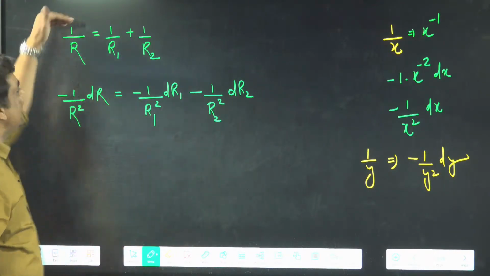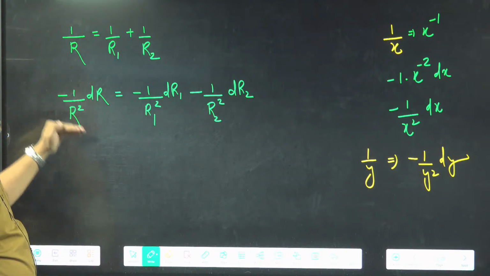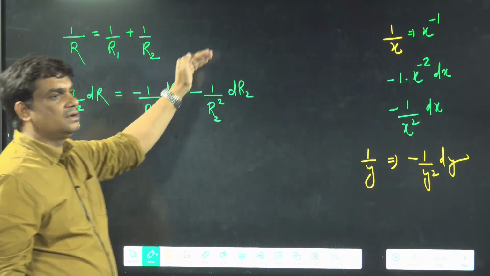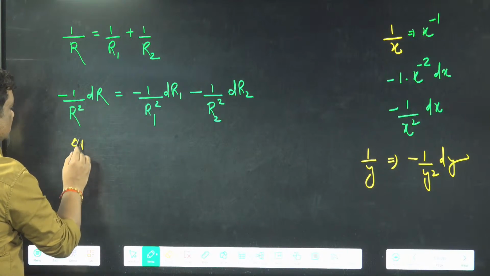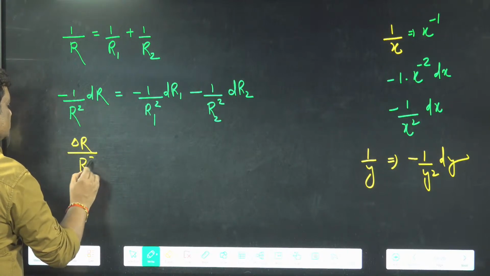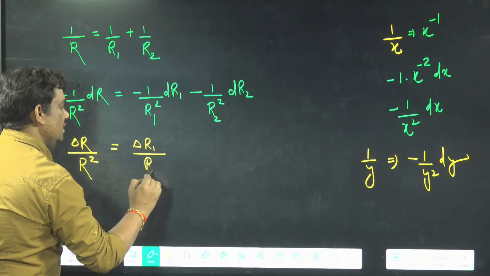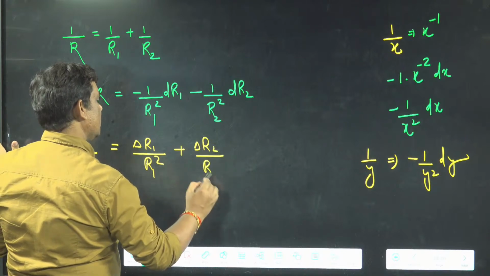The minus signs cancel. dr I can write as delta r. So delta r by r square equals delta r1 divided by r1 square plus delta r2 divided by r2 square.